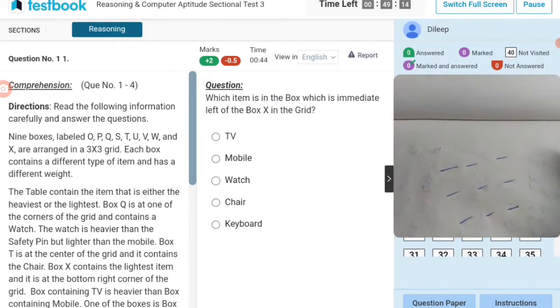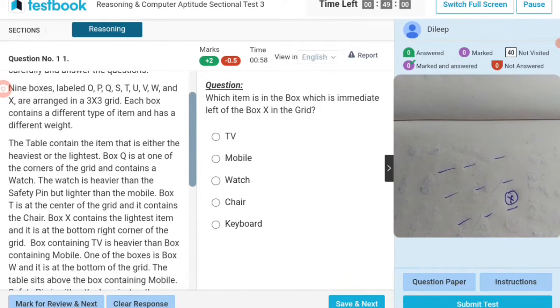So X contains the lightest item. I think this is X. TV is heavier than the box containing mobile. Watch is heavier than safety pin but lighter than mobile. So TV is heavier than mobile.